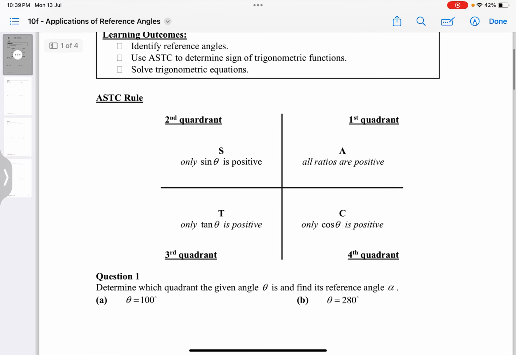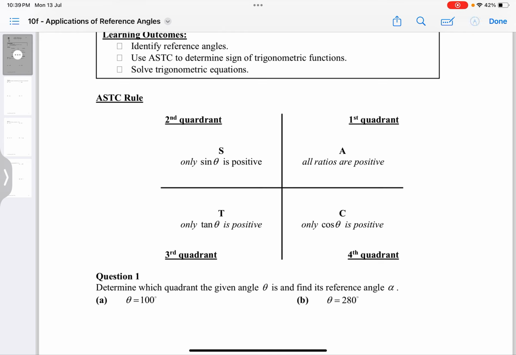Just a recap, ASTC represents the four quadrants of the angles, and in each quadrant the sign is different for the three trigo functions.